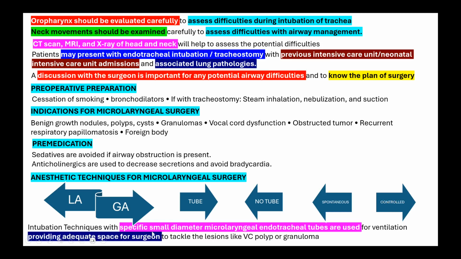So intubation technique requires very specific small diameter microlaryngeal endotracheal tubes, and that will provide adequate space for the surgeon to tackle lesions like vocal cord polyp or granuloma. And many of you, especially the juniors, may not have seen a microlaryngeal tube.